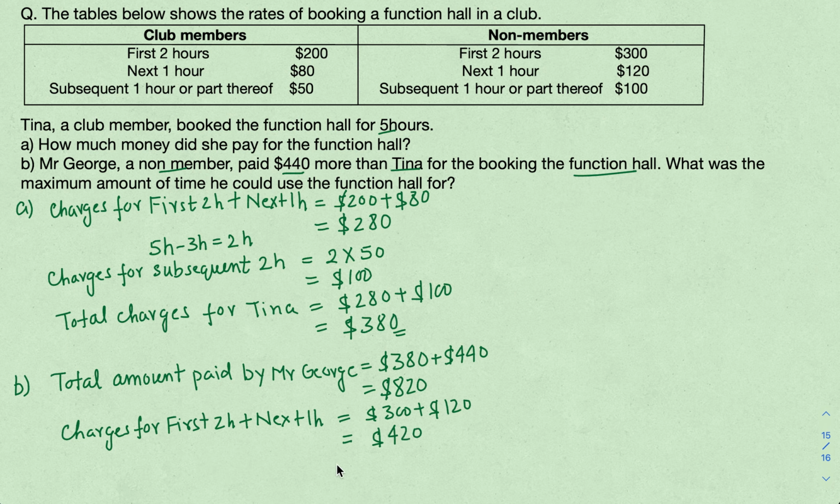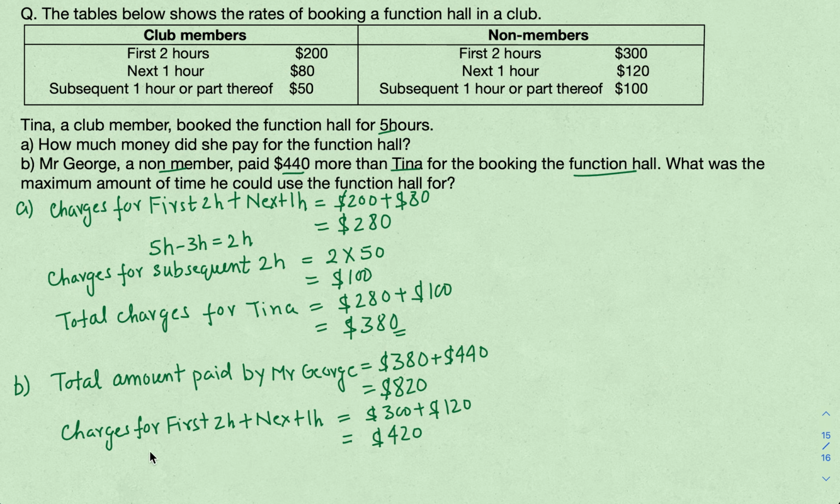That means for the first 3 hours he has paid 420, and 820 is the total amount. So the difference between the two will give us the additional amount he has paid for the additional hours he intends to use.